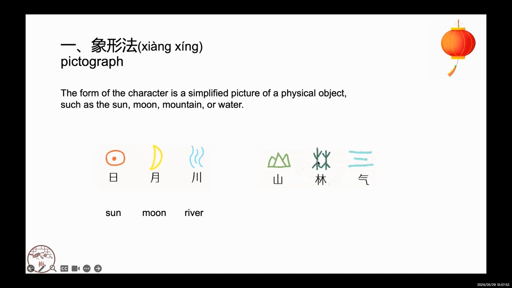If we just see the left part, does it look like a tree? Also, the right part, right? It also looks like a tree. Tree, yes. So when two trees are together, what is it? It is grove or woods, right? With many trees.